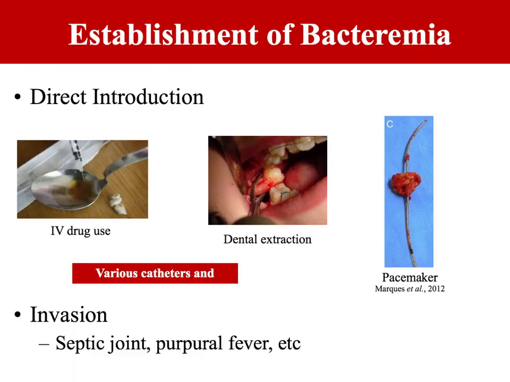Okay, so as we've talked about this a little bit already, but just to reiterate, the establishment of bacteremia can come from multiple places, and IV drug use is a big one. So again, that's reuse of needles, sharing of needles, but also the preparation of the injectable is where a lot of this is going to come from. Dental extraction is huge. Anytime you pull a tooth out, that's obviously a fairly bloody medieval process.